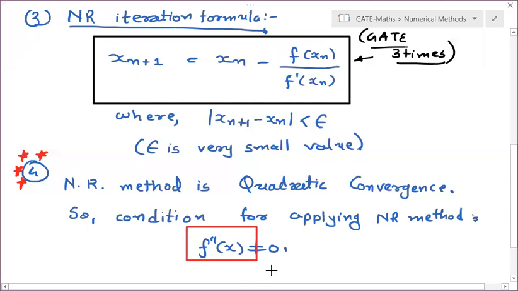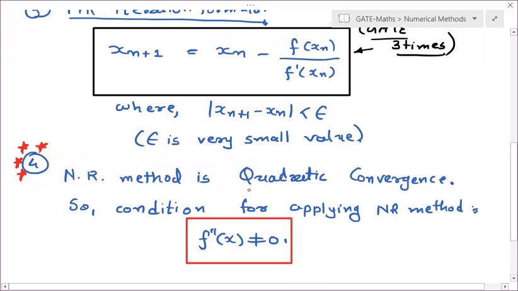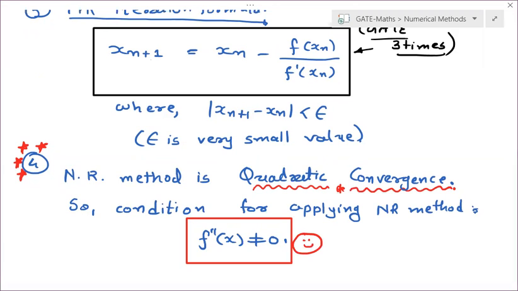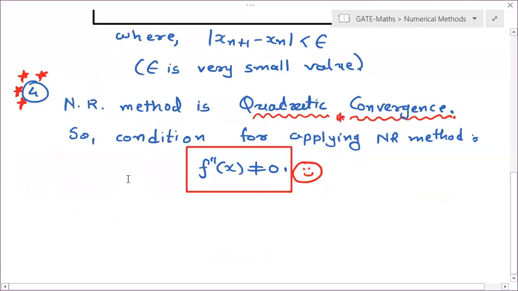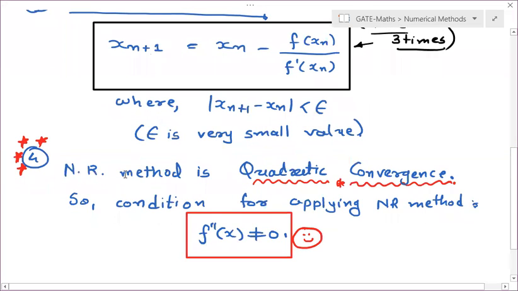Are you getting my point? Please give me some response. Okay, so the Newton-Raphson method has quadratic convergence, so if you have to apply it, your f double dash x should not be equal to 0. Many times students make a mistake over here. In most cases, if we solve 100 questions of Newton-Raphson, for 99 questions you won't need this. But in one question you will need this, and that question can ruin your marks. Are you getting my point?